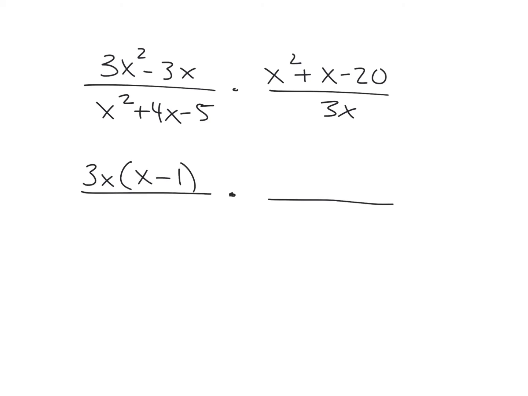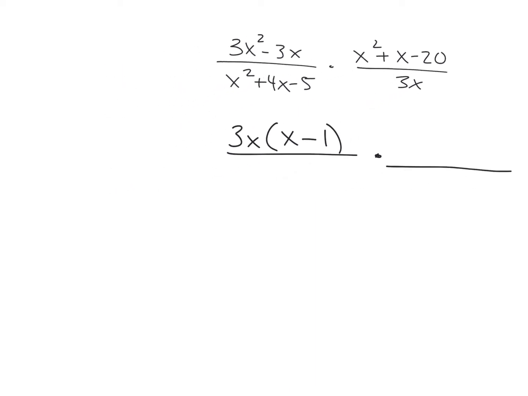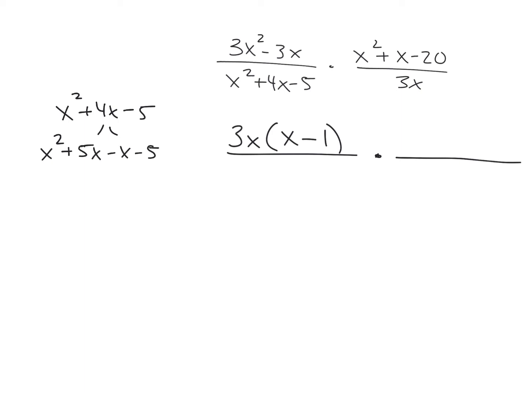I also see that this right here, the x squared plus 4x minus 5, you could use the AC method on. That could break up into my 5x and then minus x, because the negative 5, I could do negative 1 times positive 5.